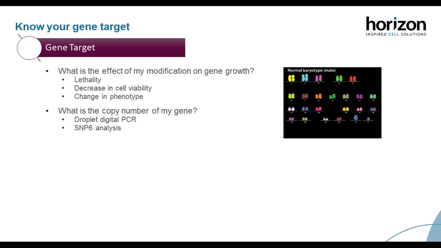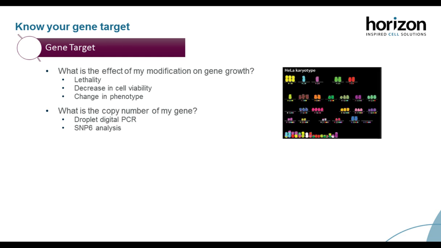This is more of what we have in our general cell culture in any of these cell line adapted cultures that we grow as our model systems. So this is really important information to have at the start of your gene engineering experiment, because it can help you with your genotyping process. And how we usually detect the different copy numbers of our genes is we use droplet digital PCR or SNP6 analysis.